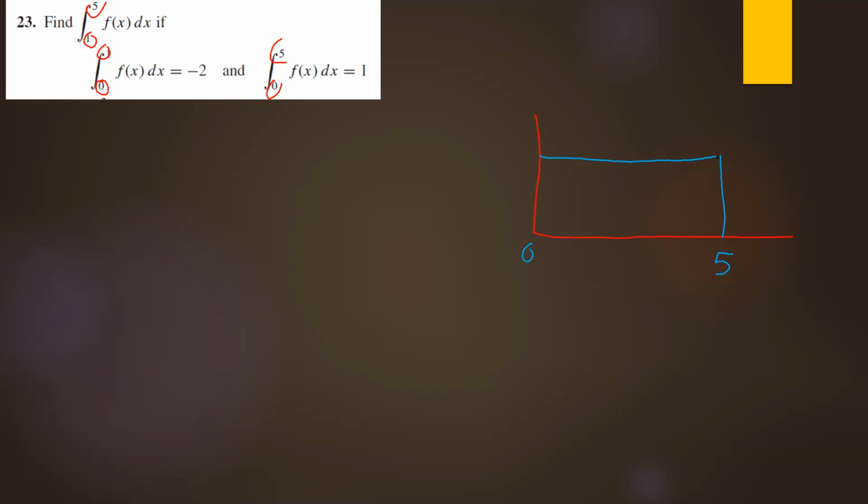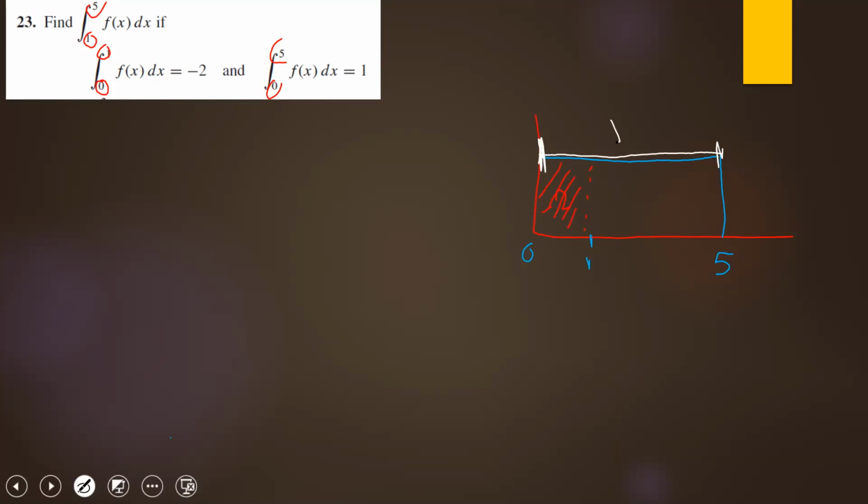Let's draw it now like this, which is 1. And from 0 to 1, they told me that it's -2. And from 0 to 5, it is 1.